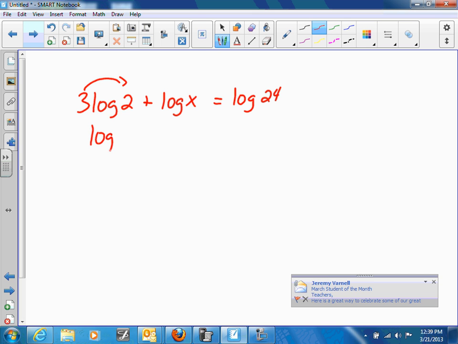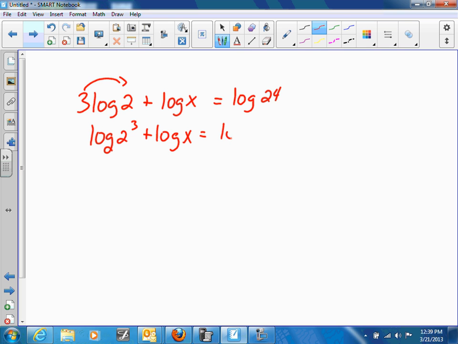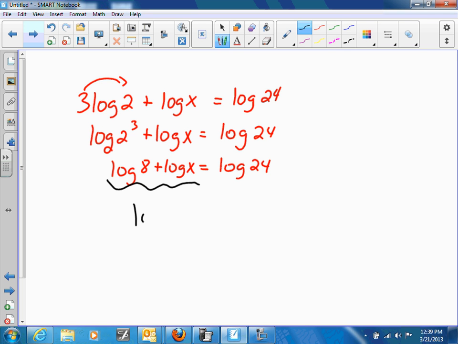I get log of 2 to the 3rd plus log of x equals log of 24. 2 to the 3rd power is 8, so I end up with log base 10 of 8 plus log base 10 of x equals log base 10 of 24. Now, because this is addition, I'm going to multiply 8 times x, so log base 10 of 8x equals log base 10 of 24. And because these two logs are the same, I can simply write 8x equals 24, divide by 8, and I get x equals 3.